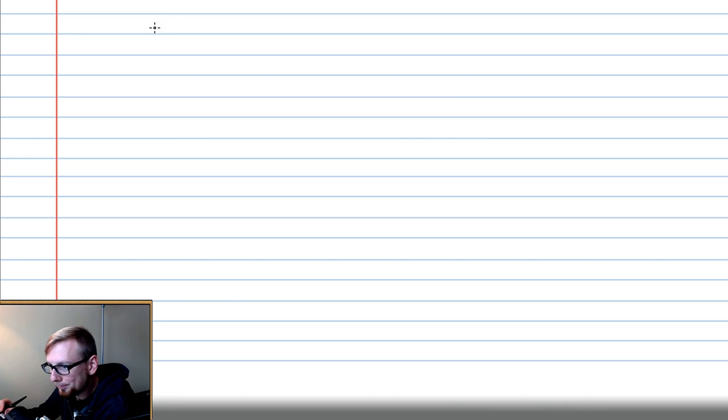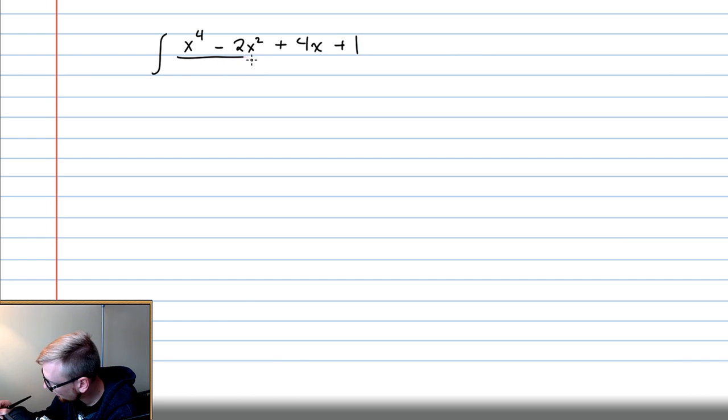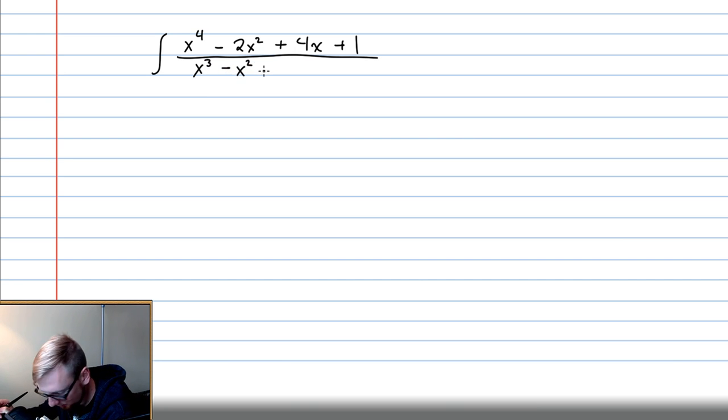Yeah, let's do this one. Okay. So technically we're going to integrate x to the 4th minus 2x squared plus 4x plus 1 over x cubed minus x squared minus x plus 1, and of course with respect to x, dx.